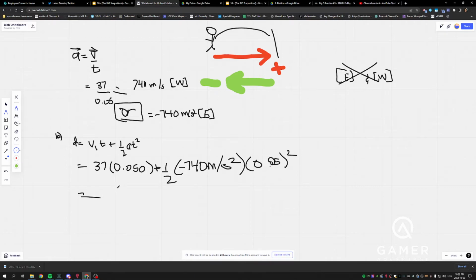Okay. So I'm just going to use my calculator to grind these numbers. 37 times 0.050 is 1.85. Negative 740 times 0.50 divided by 2 is actually going to give me negative 0.925.